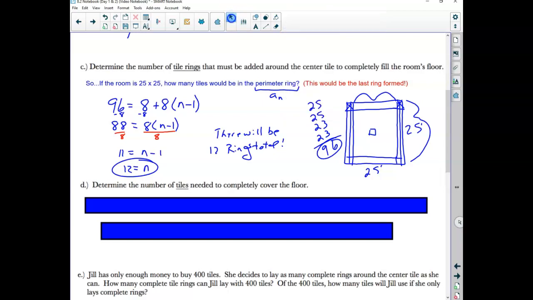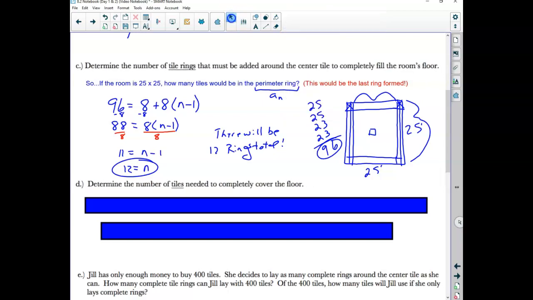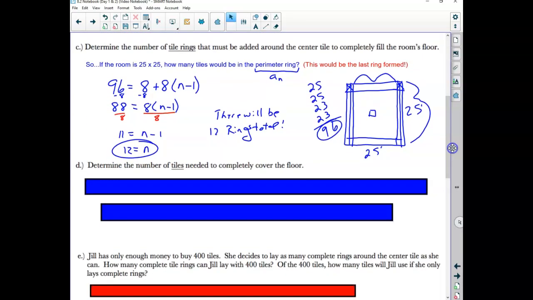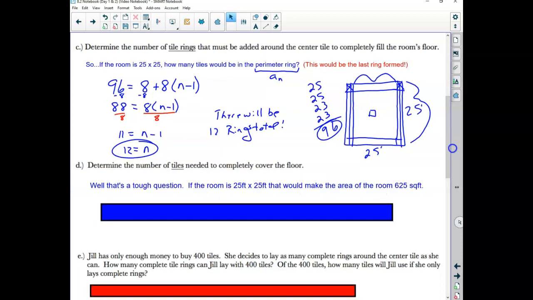Okay? Hopefully, so I'm going to have 12 rings. Okay? Well, let's think about this. Let's determine the number of tiles needed to cover the floor. Does that have anything to do with the number of rings I'm going to have in there? It really isn't going to have anything to do with that. If I'm thinking about this logically, my room is 25 by 25, right? Tough question.